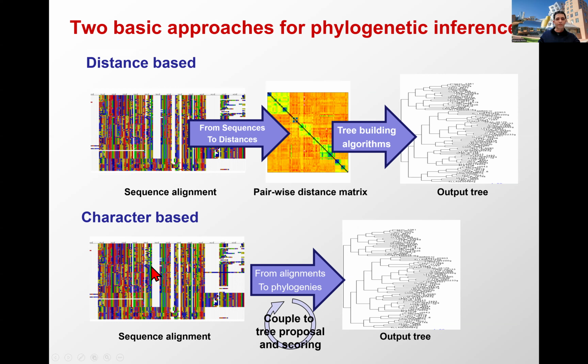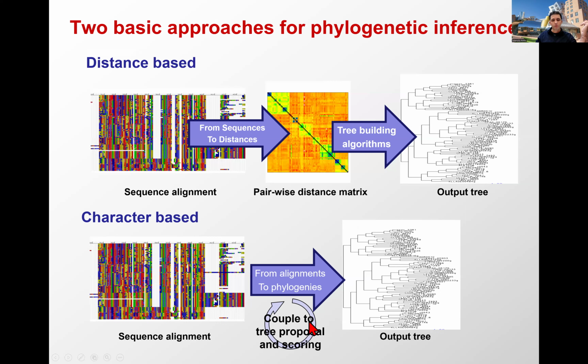Or if I worry about every character, and I don't want to throw away information and summarize it in a single distance between every pair of species or sequences, then I will be able to go from the alignment directly into the tree and basically ask how well does that tree capture the events that I observe in my alignment.